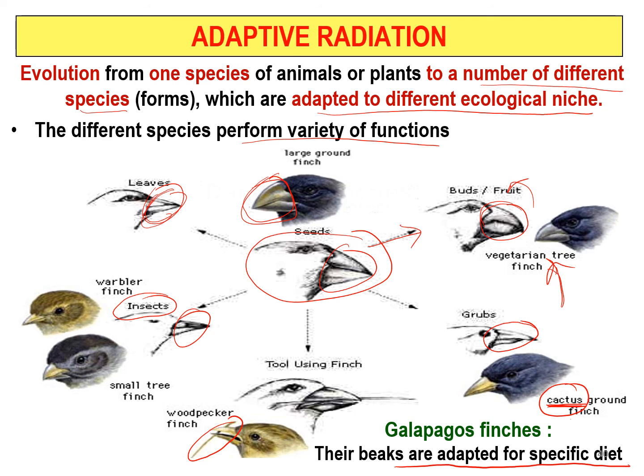So what is the advantage of having different sizes of beaks? They will not fight for the same types of food. They are adapted for a specific diet. Jadi dia boleh makan makanan yang berbeza-beza dan tak perlu berebut.